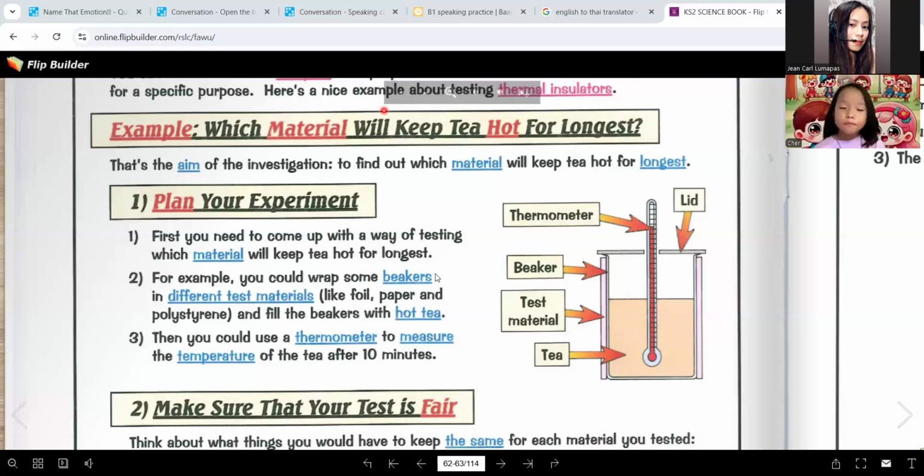Ten minutes. Okay. And which material keeps the tea hot the longest in the 10 minutes? Which material did keep tea hot for the longest? What material?